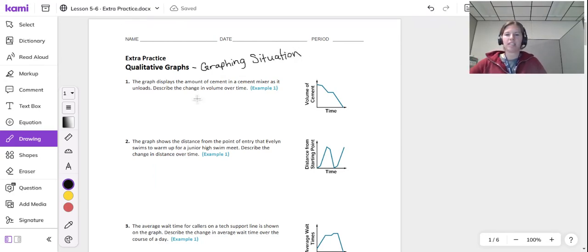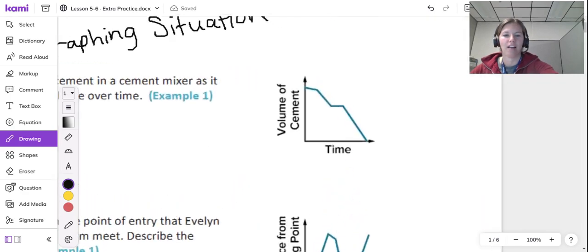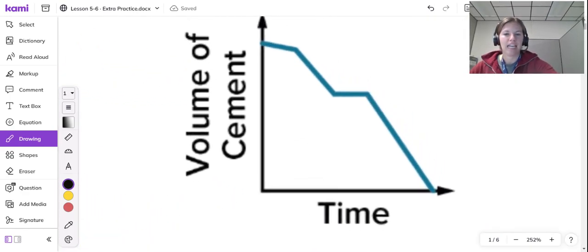The graph displays the amount of cement in a cement mixer as it unloads. Talking about it unloading, which means the volume over time is going to be decreasing, and we can see that here in this graph. In each part of this graph, you can see we start to unload, but see how this line is really close to flat?